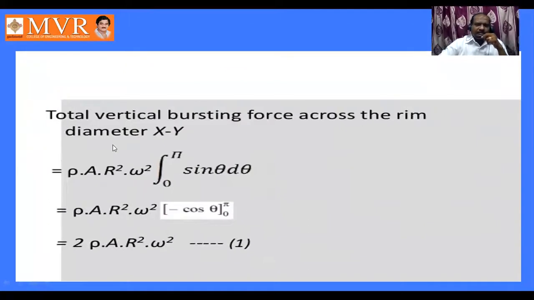By integrating the vertical thrusting force across the rim diameter, these are constant values, so integrating sine theta, we obtain 2 into density into A into R square into omega square.